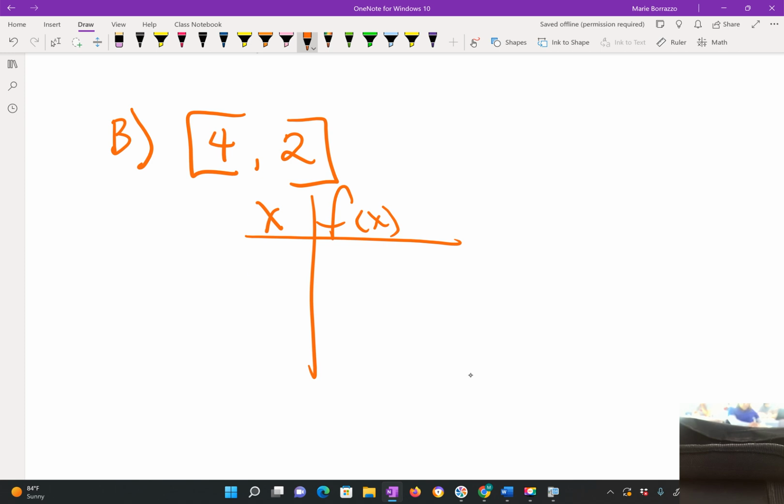We're going to start with negative 4, negative 3, 1, and 2. So where's your minimum? Which is your maximum?